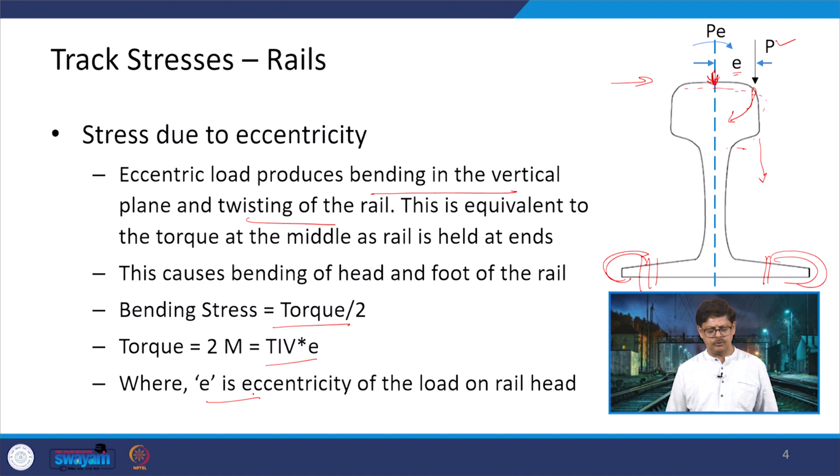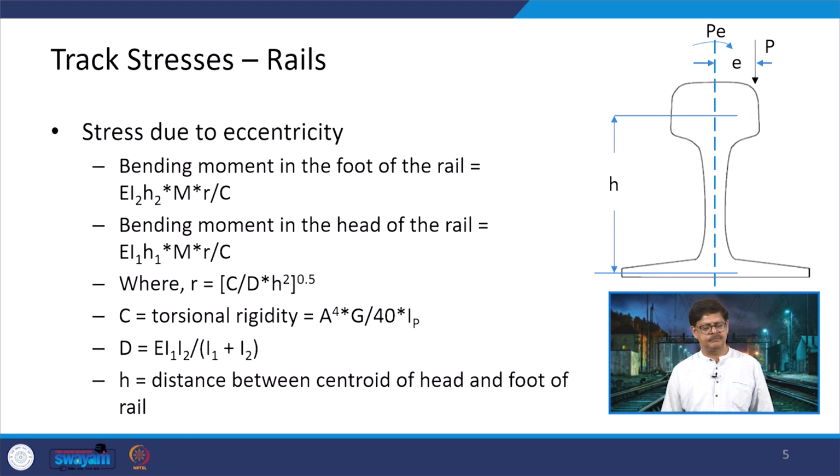So, whatever this eccentricity is, it depends on the position of the load, but this is not a big area, it is a smaller area. Accordingly, you will find the eccentricities are within some mm or small centimeters.